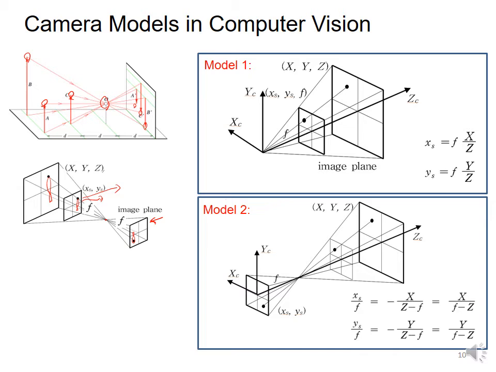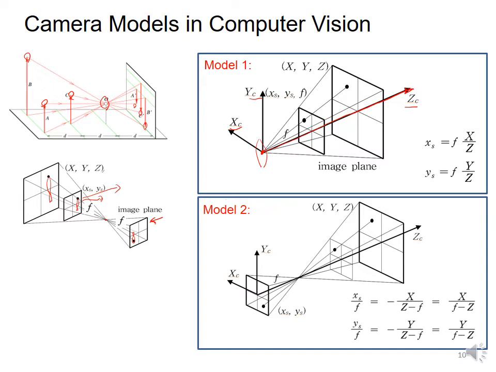We can set the origin of the camera coordinate system xc, yc, zc to the lens center. This is the lens center. And you can set the coordinate system with the right hand rule by setting the z-axis to the outside of the camera lens. Here is a lens, and we set the z-axis like this.